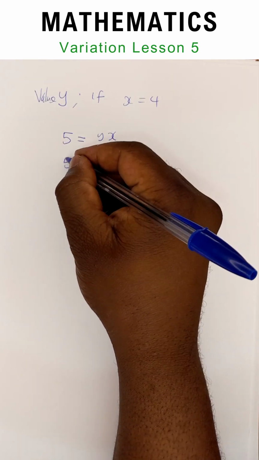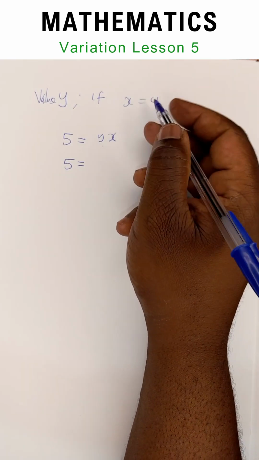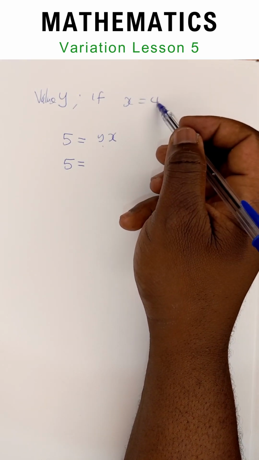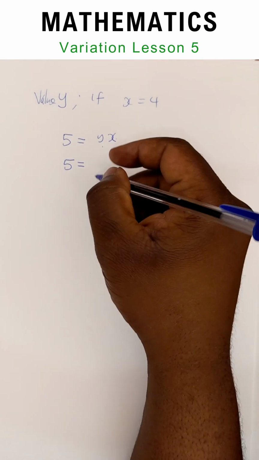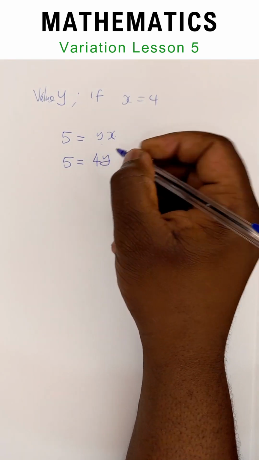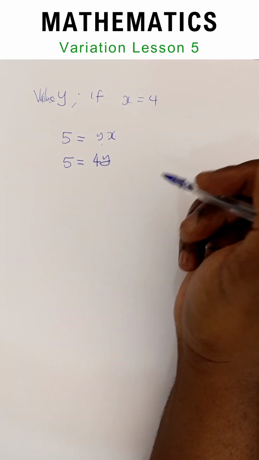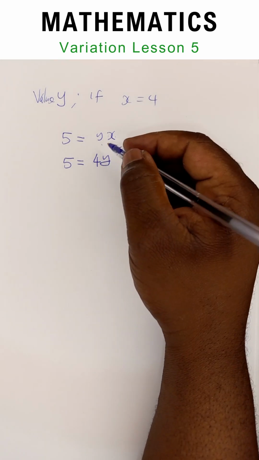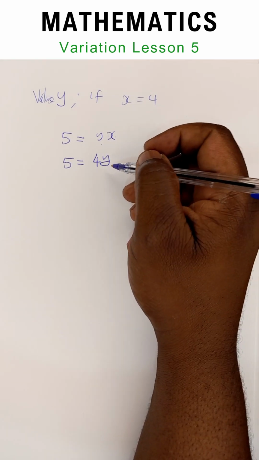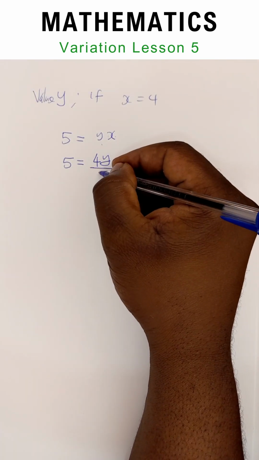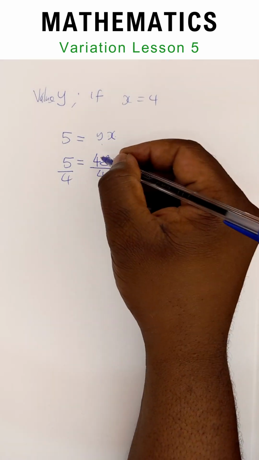So we substitute 24 is equal to, where there is x, we put 4. So it will be the same as 4y. The reason why I've written this is because always we start with a number so it doesn't look like any value of money. So here we were solving for y. So divide this one by 4 and that one by 4.